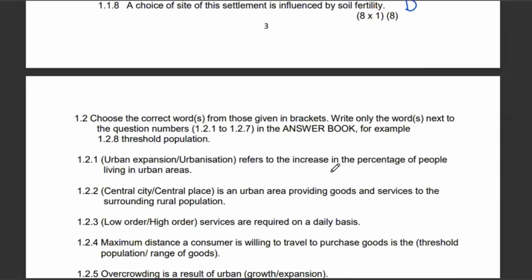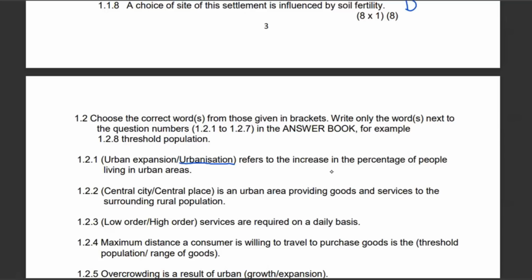Right, if you're checking number 121, it is saying urban expansion or urbanization refers to the increase in the percentage of people living in urban areas. Our correct response is urbanization. The increase in the percentage of people living in urban areas is urbanization.